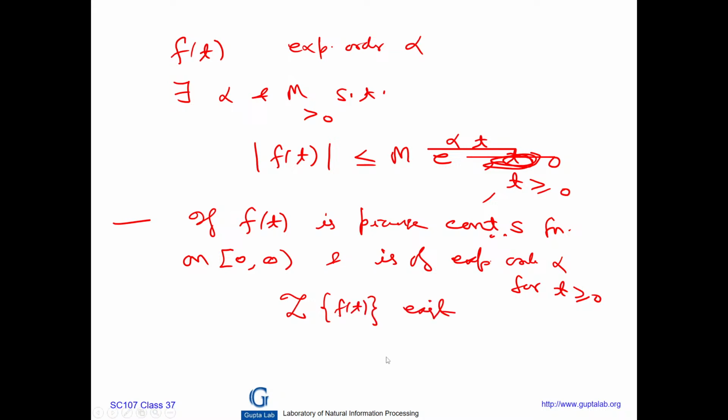So what do you mean by Laplace transform exists? Means the integral की value निकाल पाएंगे, convergent होगा integral, right? If this condition holds: f of t is piecewise continuous and of exponential order alpha.